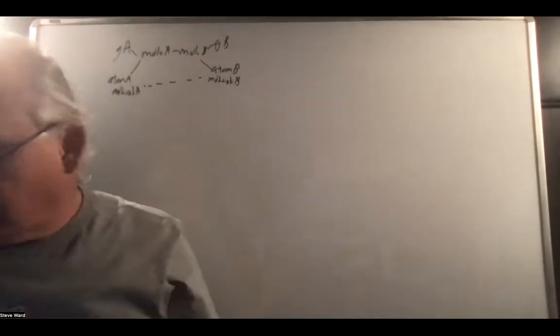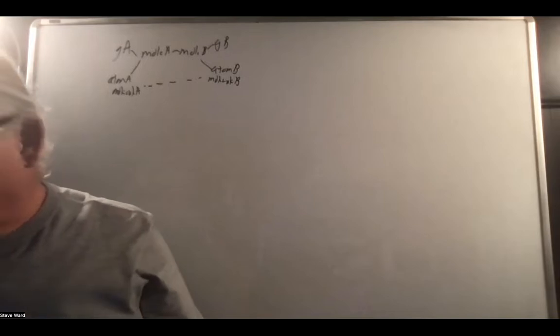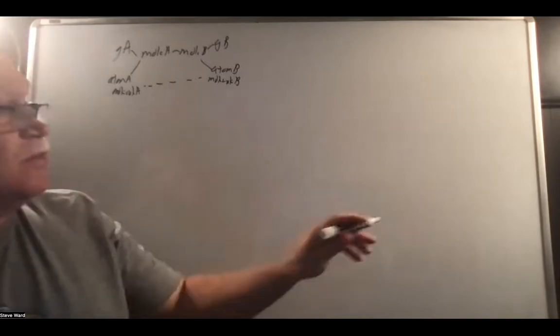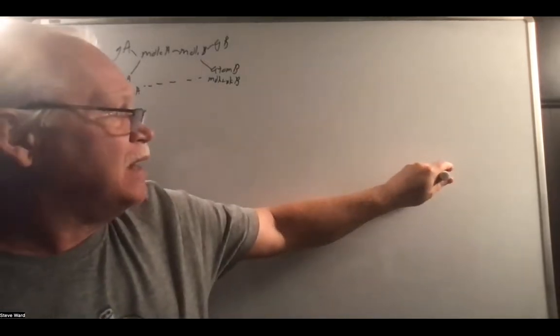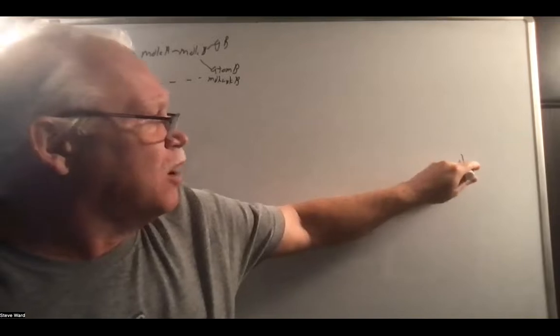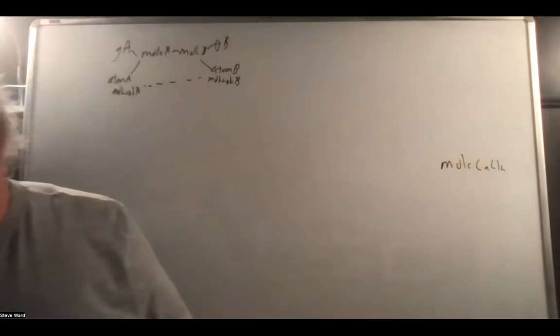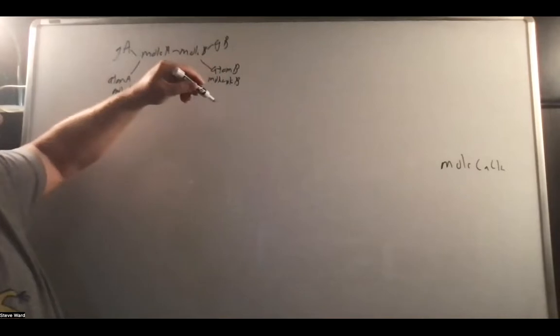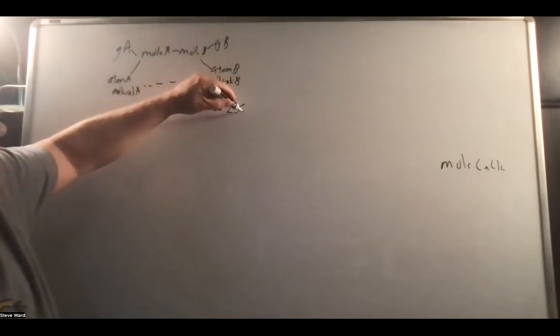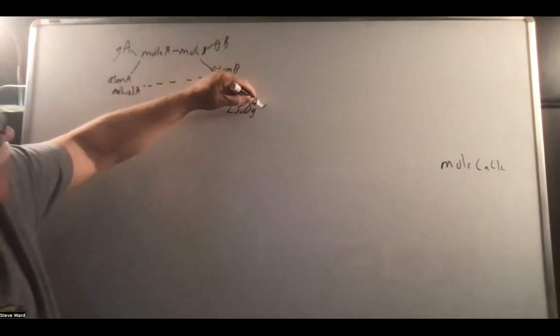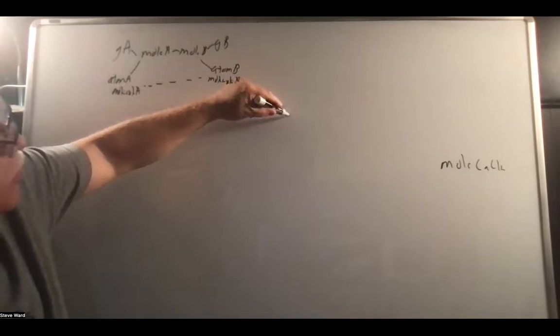So let's see what we know. It says, how many moles of calcium chloride? So I know that I'm looking for the moles of calcium chloride. The only thing that I know in this problem is that I have 25.0 grams of calcium chloride. So I'm going to always write what I know up here.